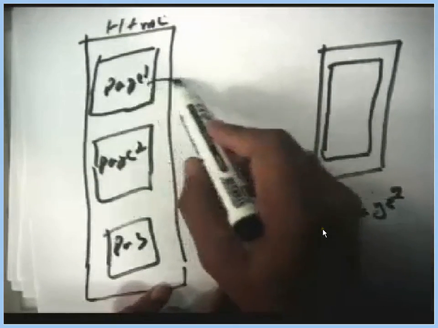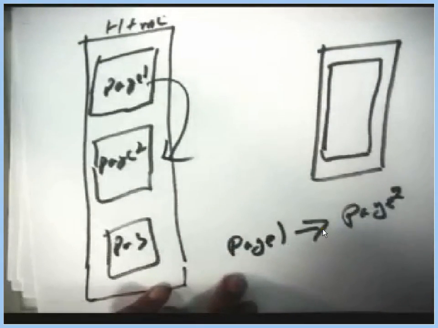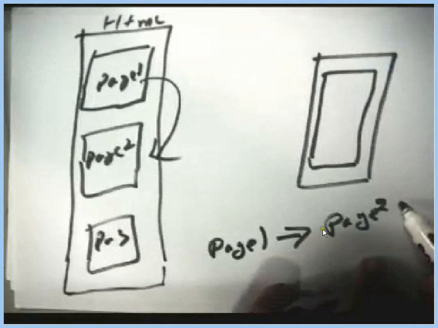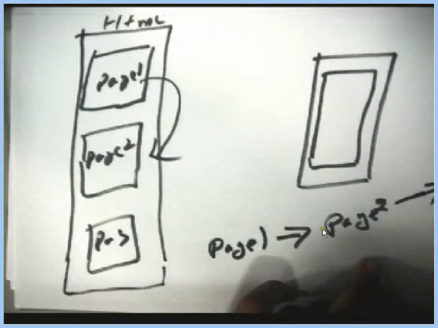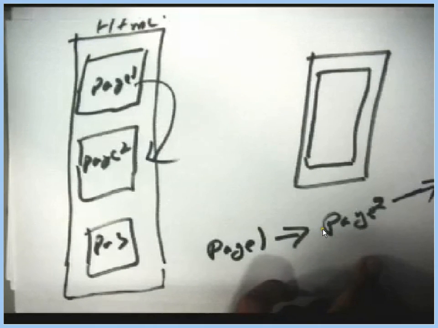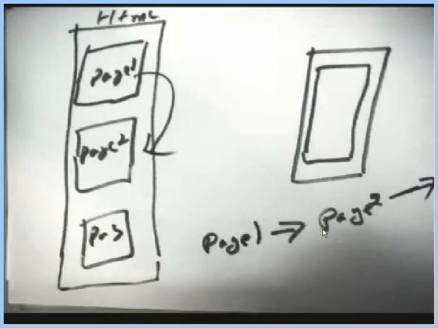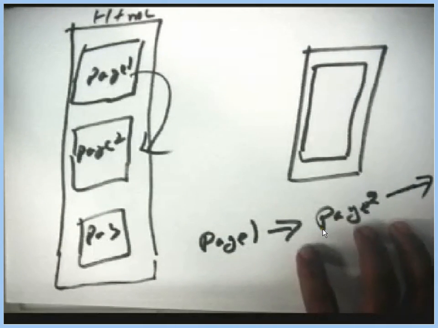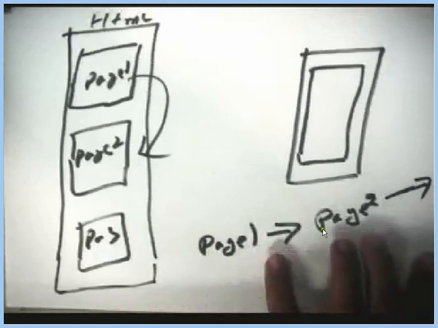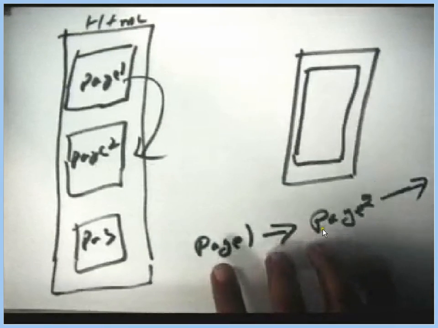From this page I came to this page, and then after that I move from this page to the next. When I do a process like this, this thing happens using a DOM.